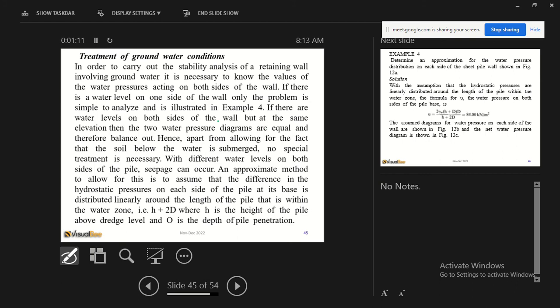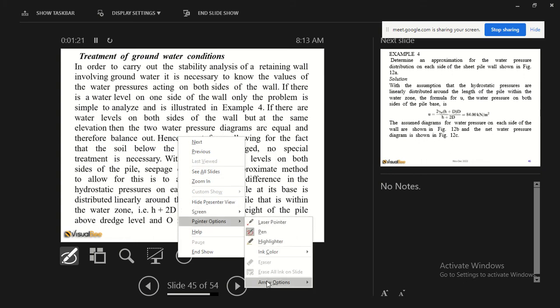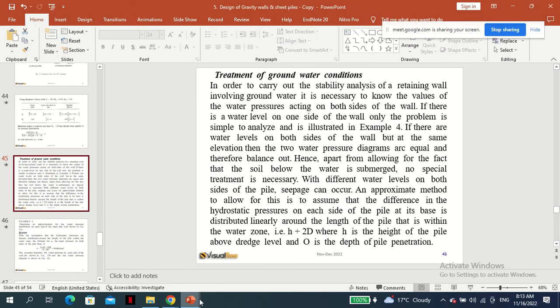Diagrams at the same elevation, the two water pressure diagrams act equal and opposite, and they balance each other out.